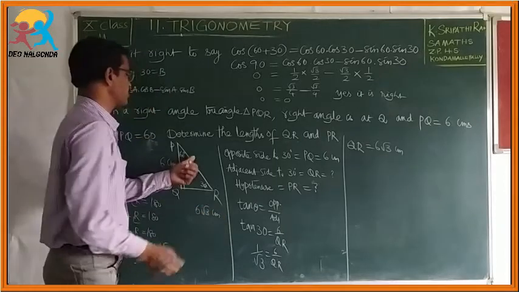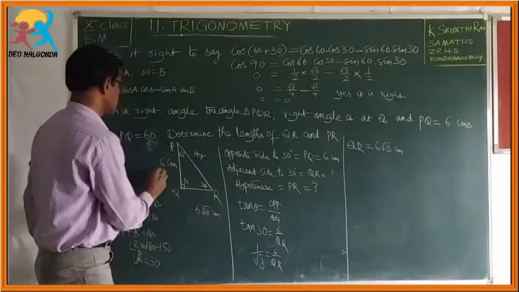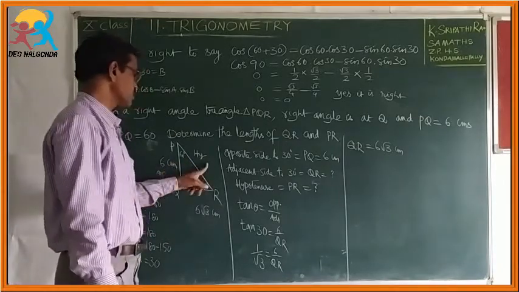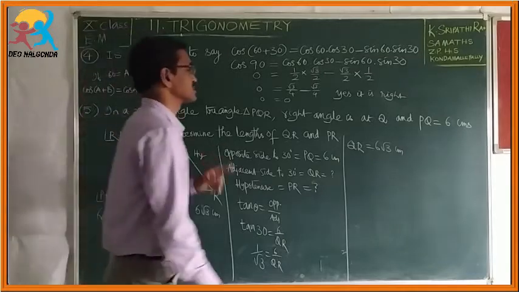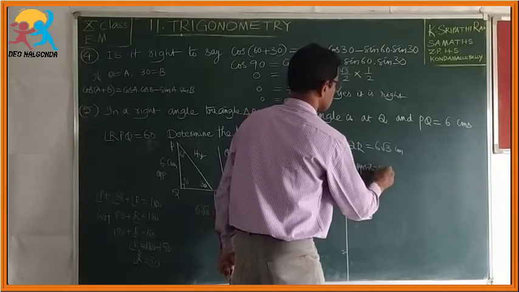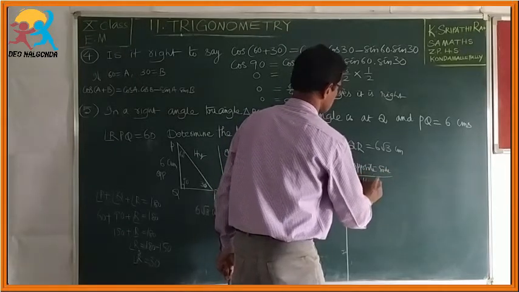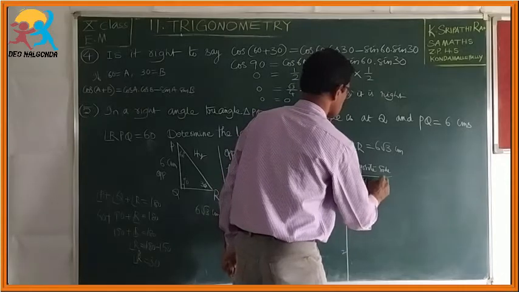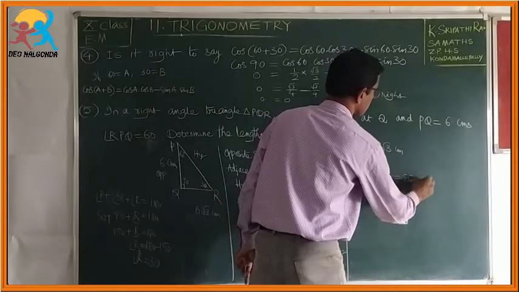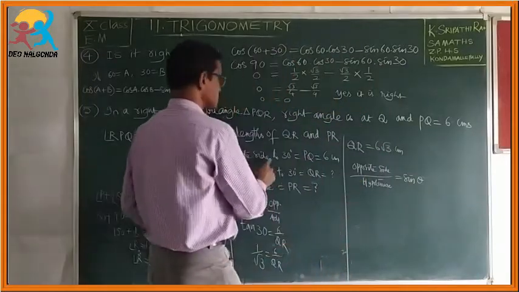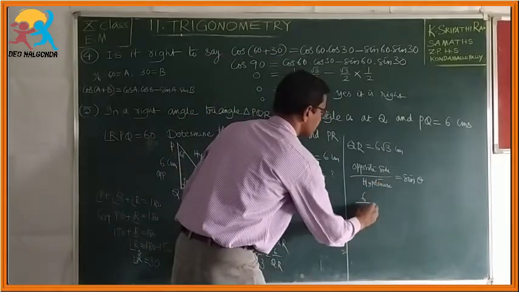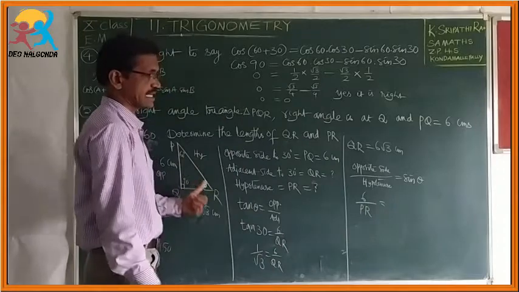Now we have to find the hypotenuse. This is the opposite side. The ratio known to unknown, opposite side by hypotenuse, is what? Six trigonometric ratios. Opposite side by hypotenuse is equal to sin theta. So here opposite side is 6, hypotenuse we don't know, PR is the hypotenuse, write it as it is.